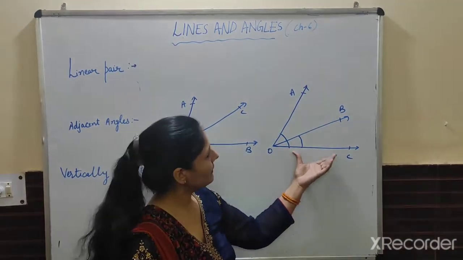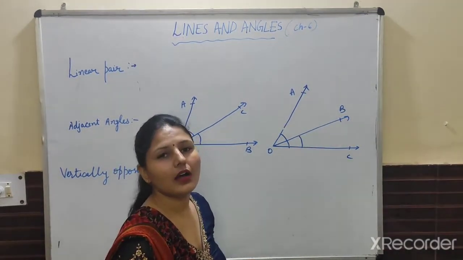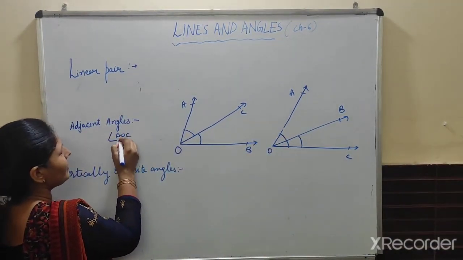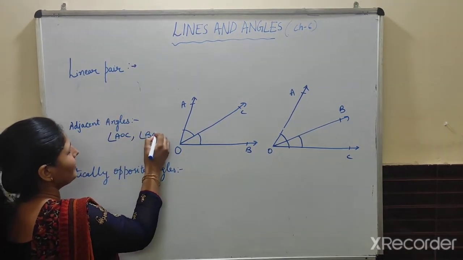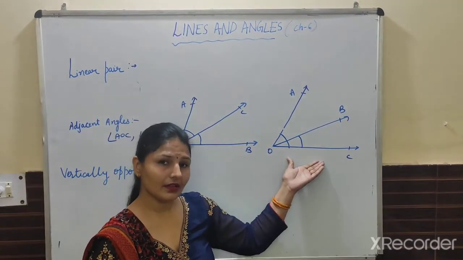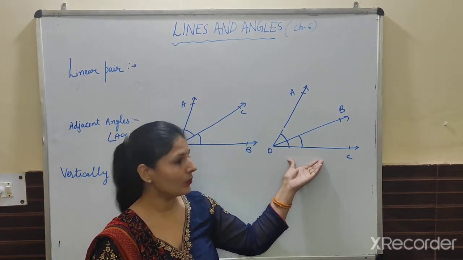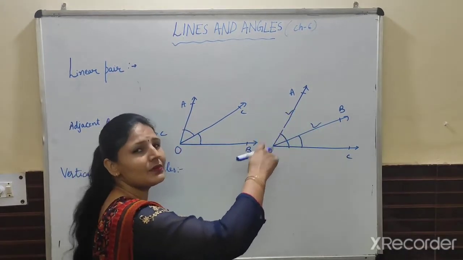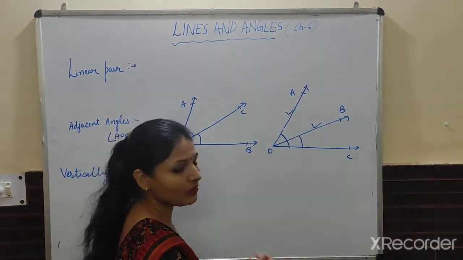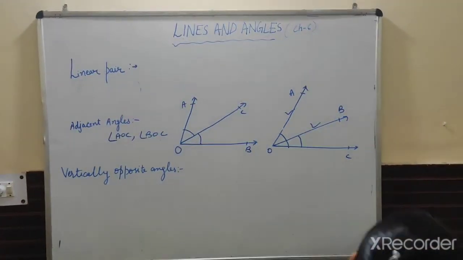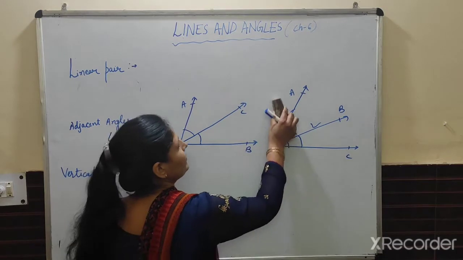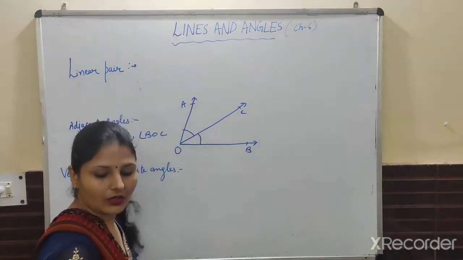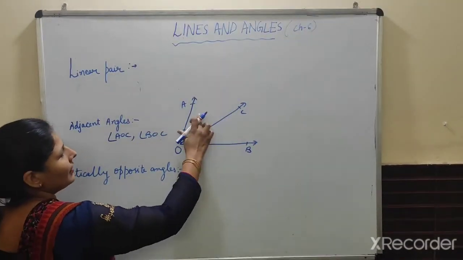OC is the common arm, OA and OB are non-common arms. We are observing angle AOC and angle BOC. Are they adjacent angles or not? No, because their non-common arms are lying on the same side of the common arm. So, they are not adjacent angles. The non-common arms should be lying on opposite sides of the common arm.